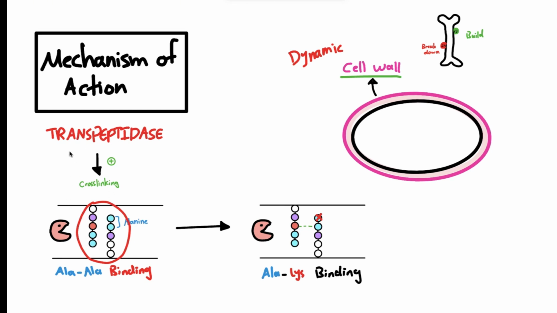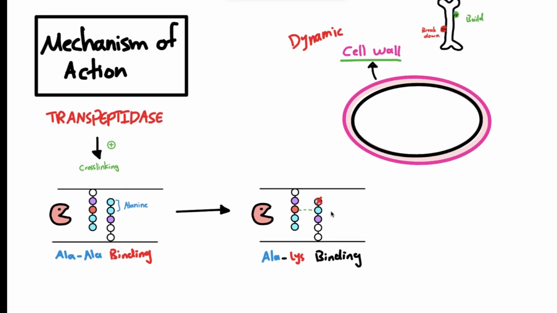The transpeptidase would come and bind to the alanine residues. When it does that, it cross-links an alanine and a lysine. When this happens, we have a stiff, working, dynamic cell wall that aids in the protection of the bacteria.